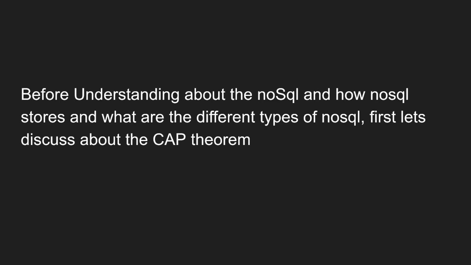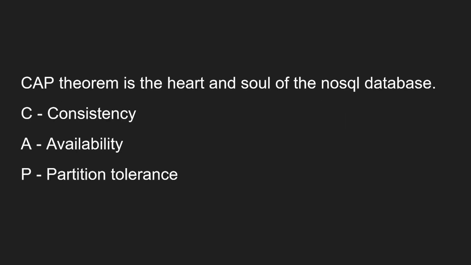So what is the CAP theorem? The CAP theorem is the heart and soul of the NoSQL database. CAP means, C means consistency, A means availability and P means partition tolerance.